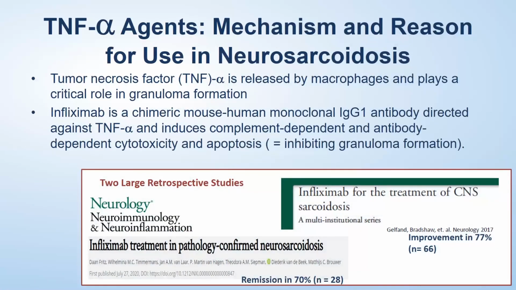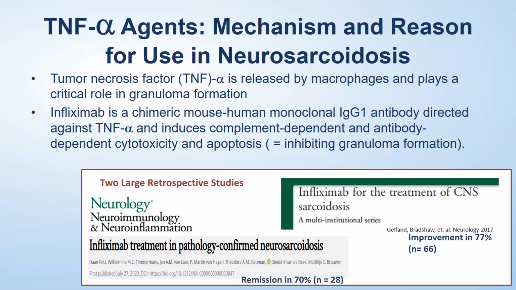Often with neurologic involvement, we will use a medication called infliximab, which is a TNF alpha inhibitor, which stands for tumor necrosis factor. The way this works is that it inhibits the formation of these granulomas. There have been prior multi-center retrospective trials showing a benefit with this medication in neurosarcoid.